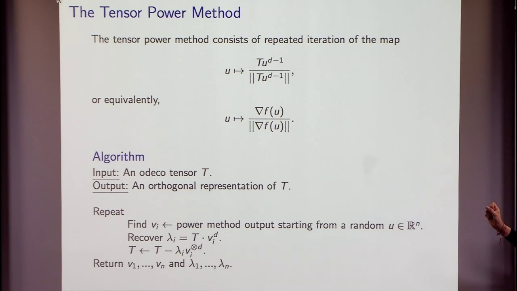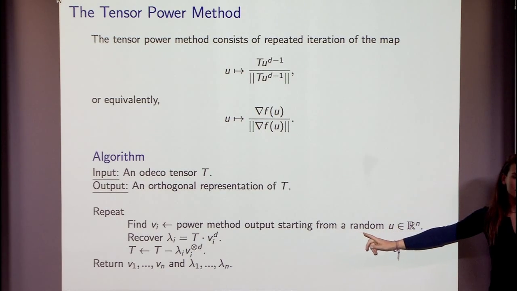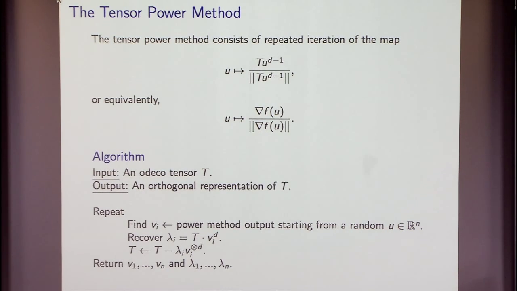Then you find lambda_i, which is equal to T times v_i to the power d. Then you subtract lambda_i times v_i to the tensor power d, and you repeat until T is 0. As you pointed out, in this case we require that the lambdas are positive. But for the application, they are actually positive because they come from some probability.